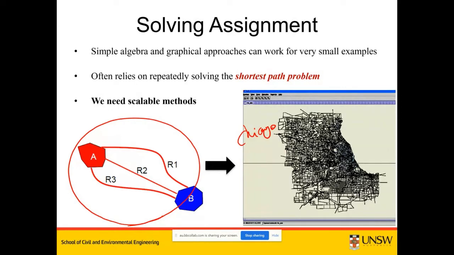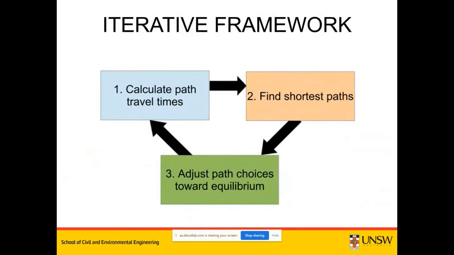So it's not really practically possible to solve them by incrementally loading or by solving tens of thousands of simultaneous equations, right? So that's where we need some scalable methods, methods that can be scaled up to bigger problems.